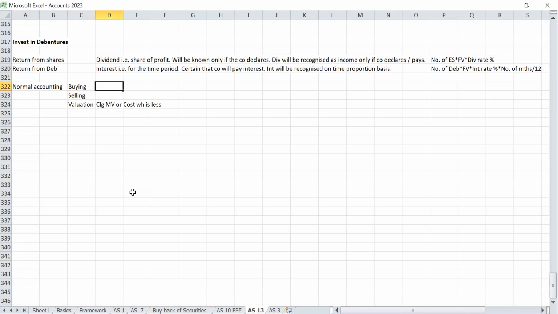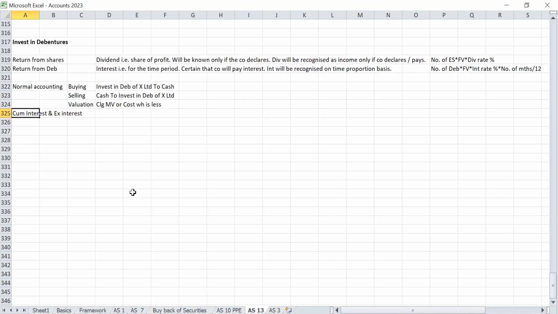The entry you passed in shares, investment in equity shares of X Limited to cash, like that here, investment in debentures of X Limited to cash. Same. Then selling, the reverse entry: cash account debit to investment in debentures of X Limited. So normal accounting: buying, selling, valuation. Then come cum-interest and ex-interest.